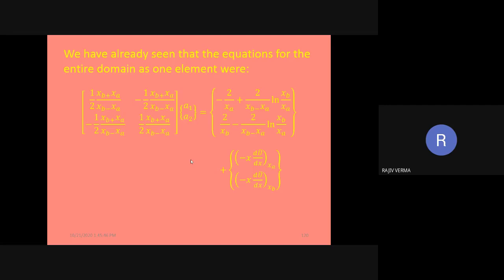Thus, when we develop the equations for the two elements, we simply replace xb with xc when developing the equations for element number 1, and we replace xa with xc when developing the equations for element number 2. Simply by replacing xb and xa, we get the equations for the two elements.